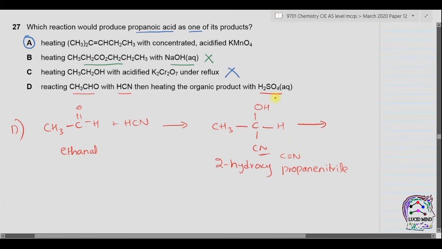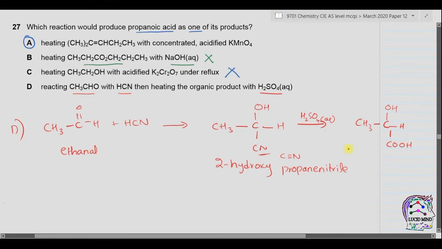Now this is further reacted with sulfuric acid. So in the presence of aqueous sulfuric acid, the following product is formed: CH3, CH, OH, and CN is converted into carboxylic acid group.